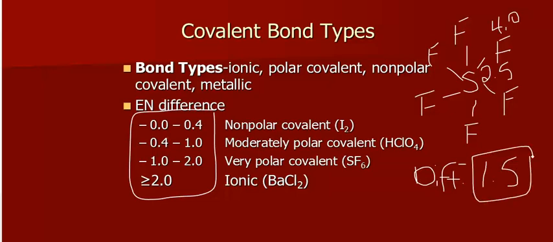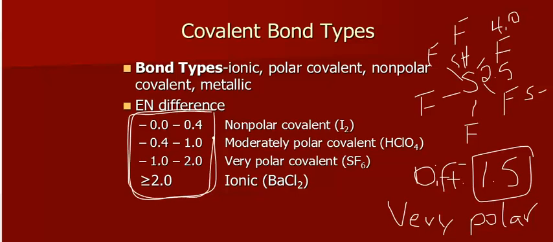So the difference in electronegativities is 1.5. That means the bonds between sulfur and fluorine are very polar. They're shared electrons, but fluorine takes on a slightly negative charge and sulfur takes on a slightly positive charge. That would be a very, very polar bond based on this chart.